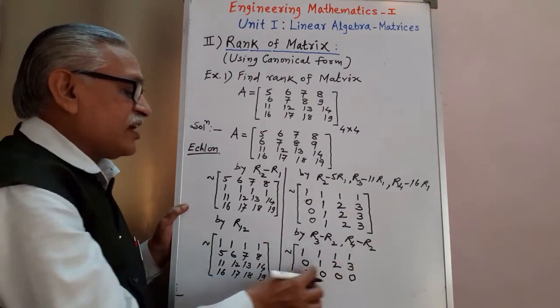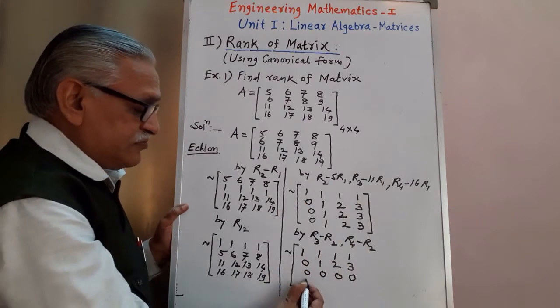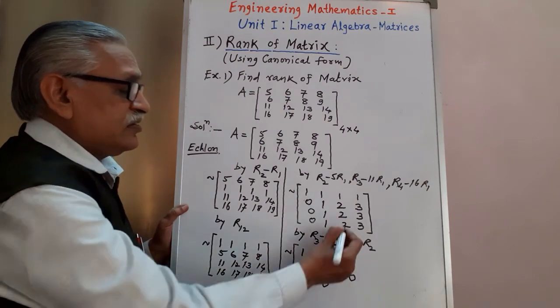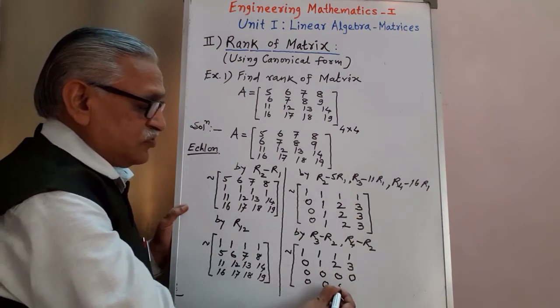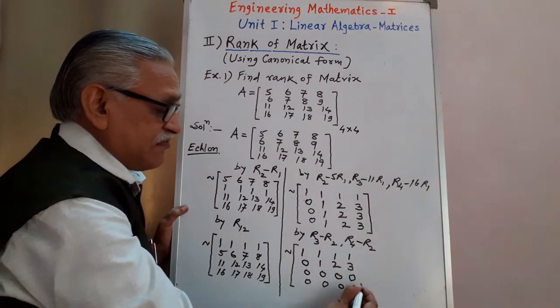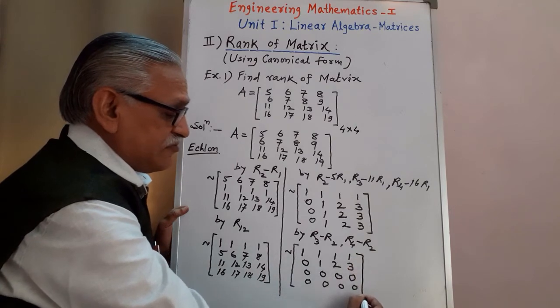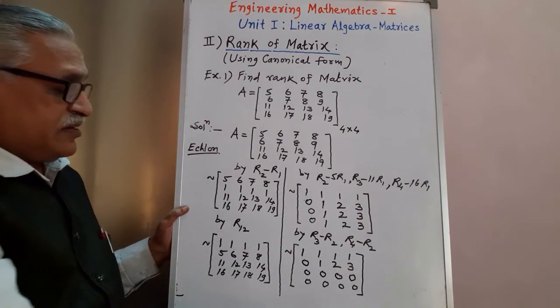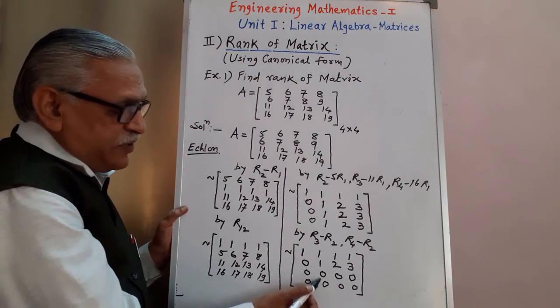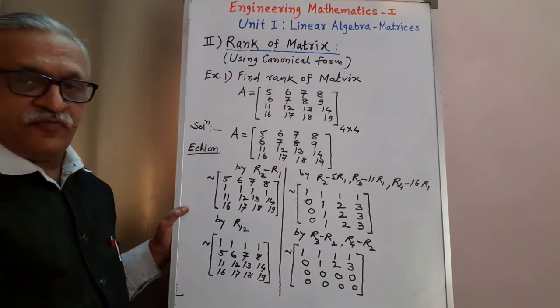Next R4 minus R2: 0 minus 0, 1 minus 1, 2 minus 2, and 3 minus 3. Therefore, second diagonal element is 1 and all the elements below it are 0.